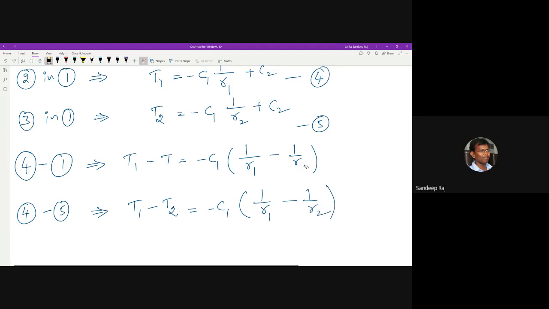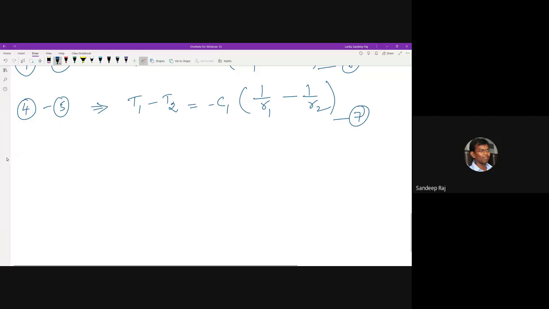Sorry, this is not R2, this is R. It is representing T. Now, let me call this equation as number 6, this equation as number 7.